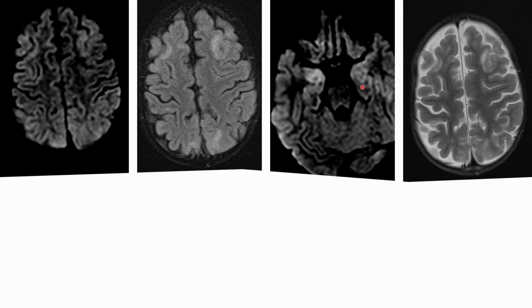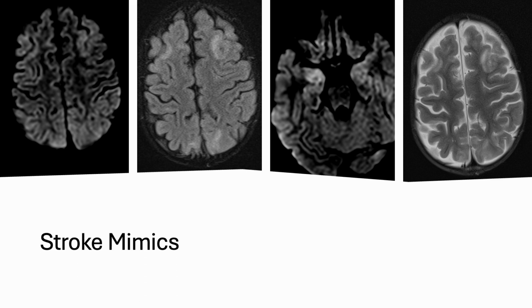Now, these areas also demonstrated some mild diffusion restriction, and this was a case of posterior reversible encephalopathy syndrome, which in itself is a misnomer, but is quite classically seen and associated with the drugs that are used around bone marrow transplant. And in addition to that, bone marrow transplant itself can be a predisposing risk factor for this.